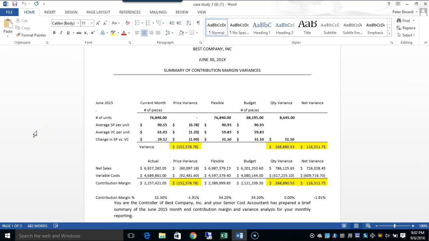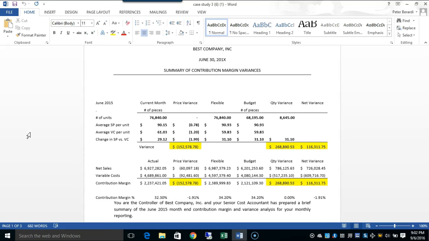This is a month-end report for June 2015 for this company called Best Company. You've been presented by your senior cost accountant a summary of some high-level financial results.